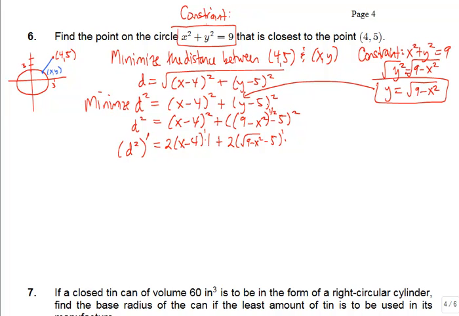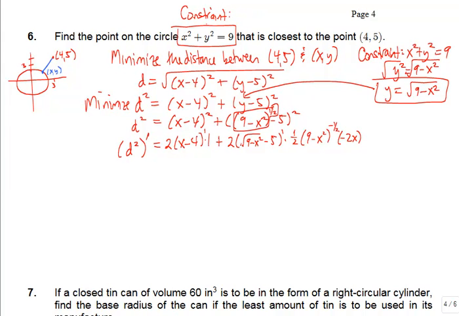I have to take the derivative of this part first, so I bring down the 1/2. When I subtract 1 from the power, 1/2 minus 1 is negative 1/2. And then don't forget to multiply this by the derivative of what's inside. The derivative of 9 minus x squared is a negative 2x. And then the derivative of the minus 5 just goes to 0, so I don't need that at all.